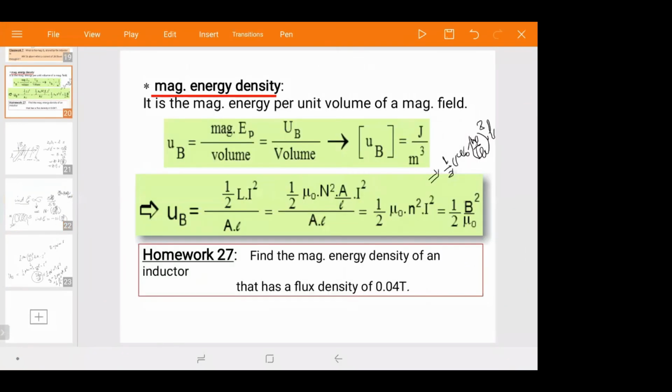So look at homework number 7. It says: find the magnetic energy density of an inductor that has a flux density of 0.04 T. Flux density is the correct name of B. B is not called magnetic field strength. It's only in high school that we call it like that.